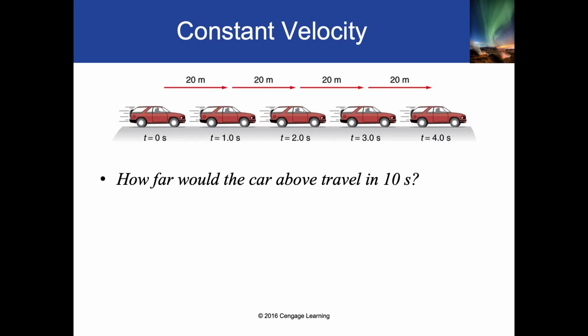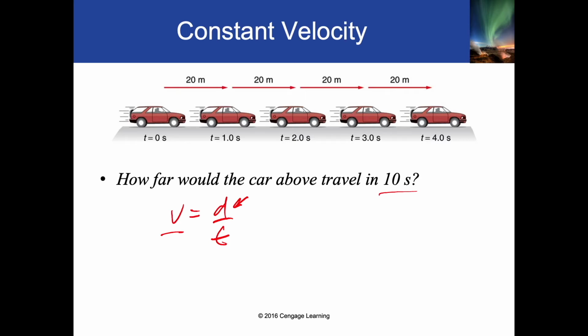All right. So how far would the car travel in 10 seconds? Well, that's pretty simple, because we already had a formula that was v equals d divided by t. So now what we need to do is solve for d, the distance, because we got the velocity from the last problem and we have the time from this problem.